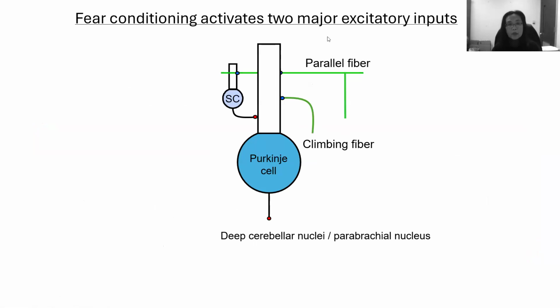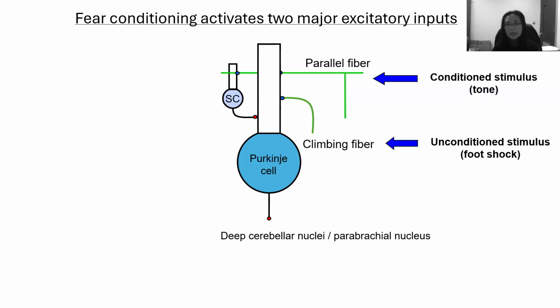In the cerebellum, our focus is actually on the inhibitory interneurons. Purkinje cells receive input from parallel fibers and molecular layer interneurons, as well as climbing fibers, and project to the deep cerebellar nuclei and the PBN. The conditioned stimulus, which is a tone, could activate the mossy fibers that activate granule cells and therefore parallel fibers, whereas the unconditioned stimulus, such as a foot shock, will activate the climbing fibers.